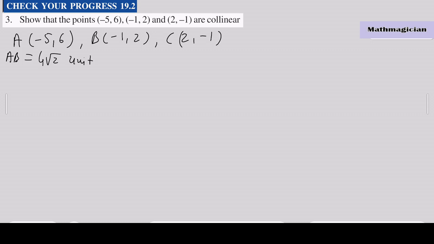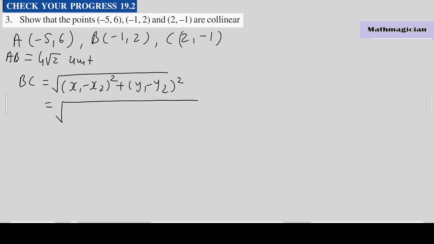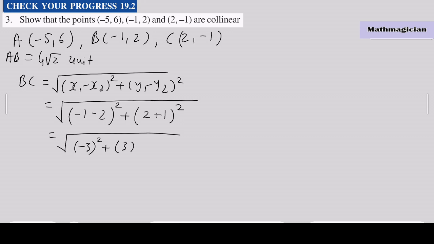Now let's find BC. Same formula, (x1 minus x2) square plus (y1 minus y2) square. Let's put values. Minus 1 minus 2, whole bracket square. 2 minus minus 1 gives us plus 1 square. So this is minus 3 square plus 3 square.